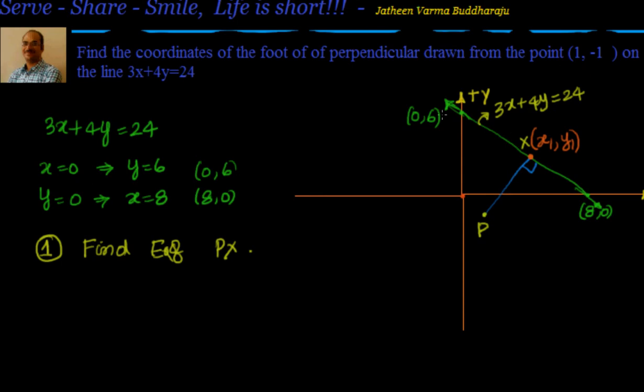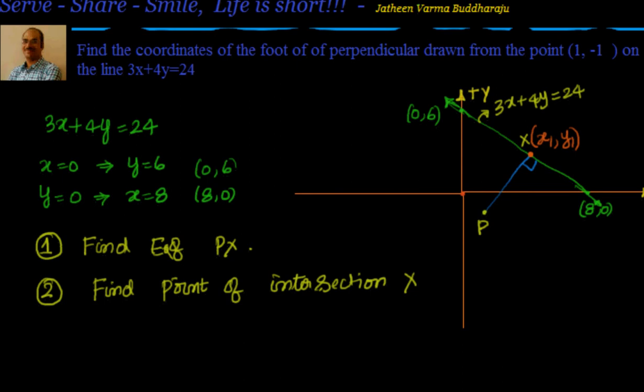So can we find the equation of PX? Because PX will be perpendicular to the line 3x plus 4y equal to 24. First find the equation of PX. Second, find the point of intersection, that's nothing but X, its coordinates. So let's go ahead and do that.